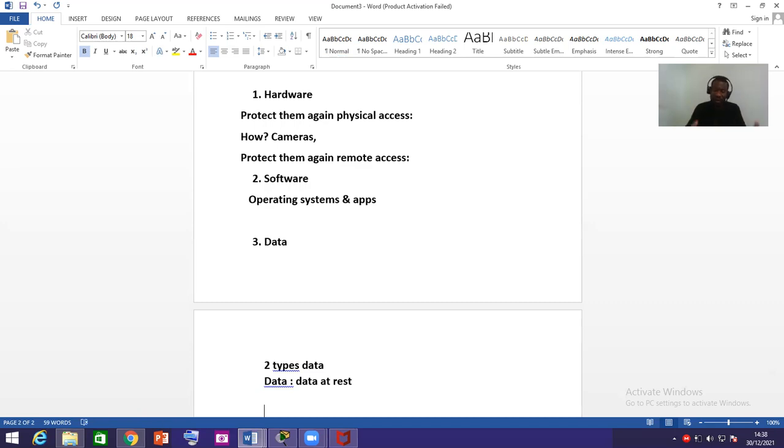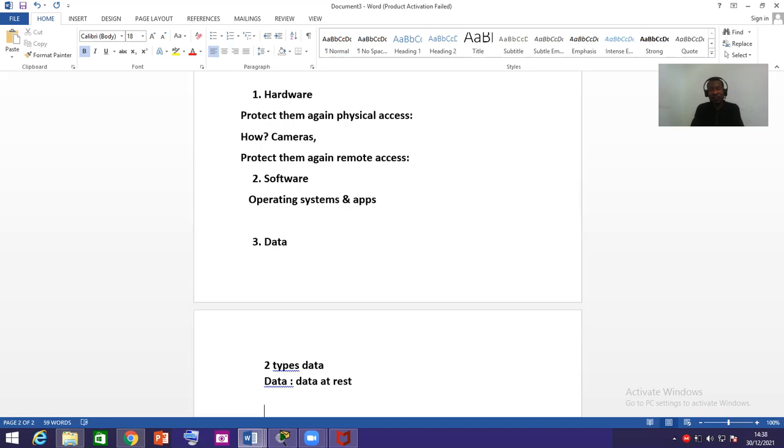So when you do have your laptop, make sure that your folders are protected. And how you are going to do that, you need to have a password for accessing those folders, and make sure that even if somebody can know your password, your folders are still going to be encrypted. So encrypted means you change the form, right?